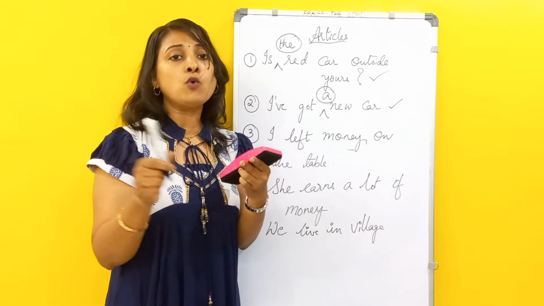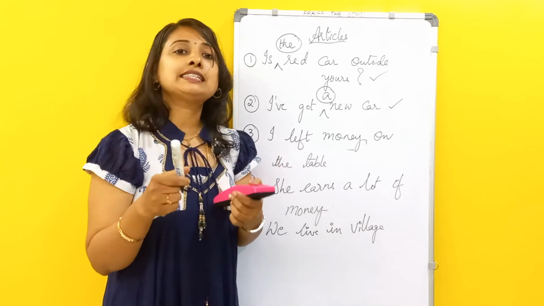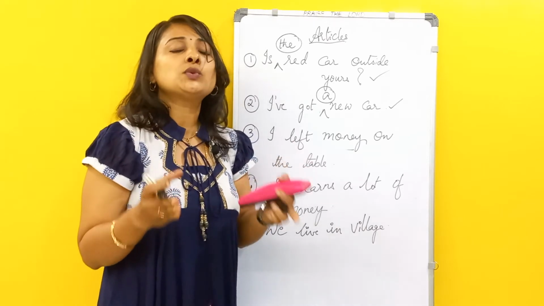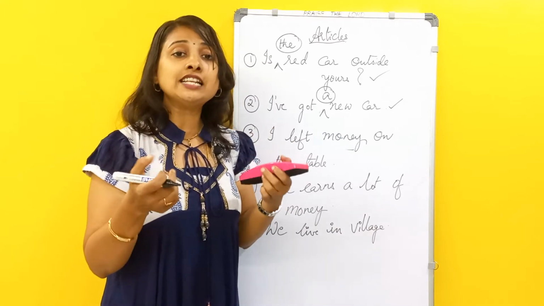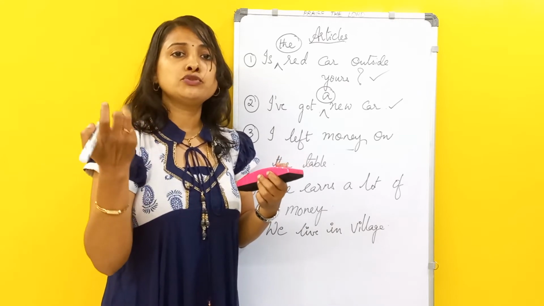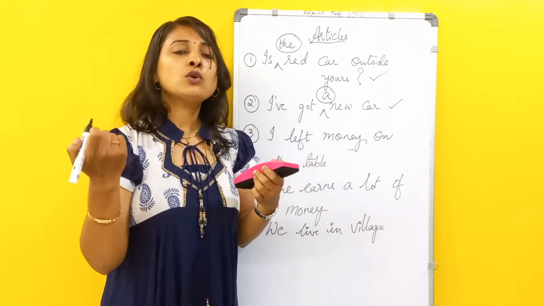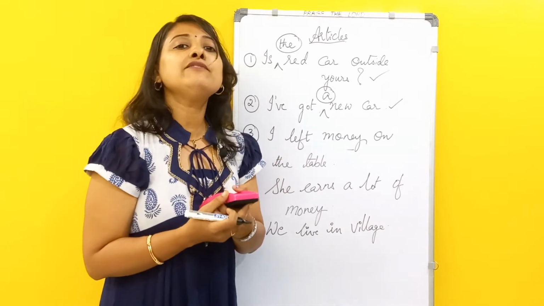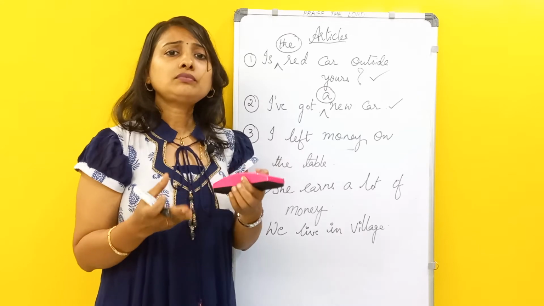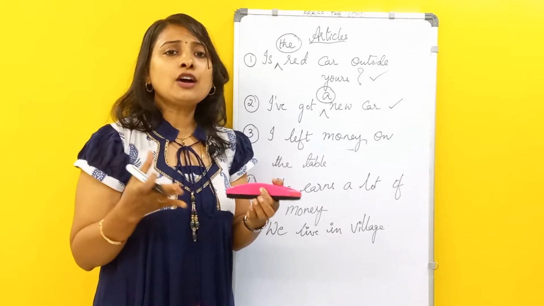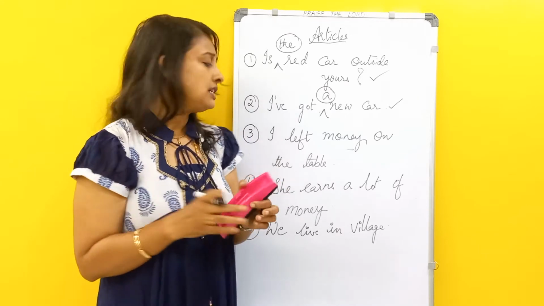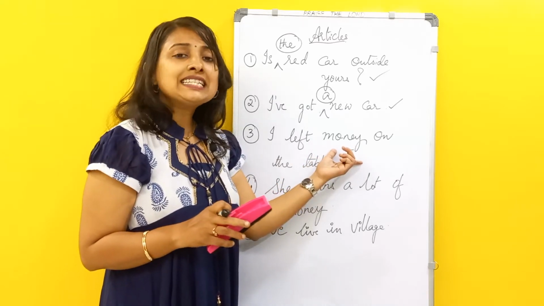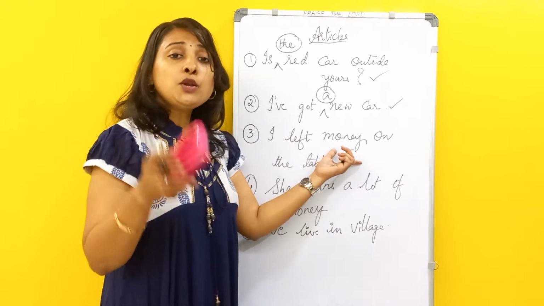A and an won't go with uncountable nouns. Yesterday we have seen what uncountable nouns are. Uncountable nouns are those which cannot be counted in numbers like 1, 2, 3, 4. So here money is an uncountable noun.